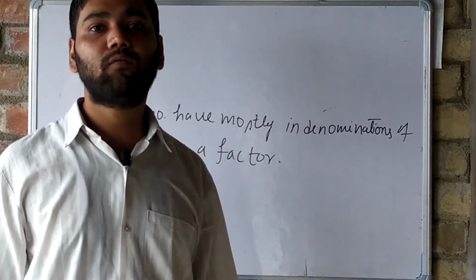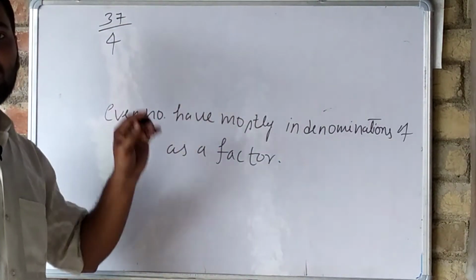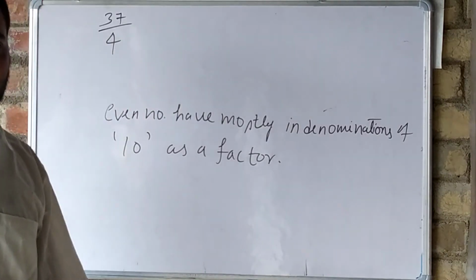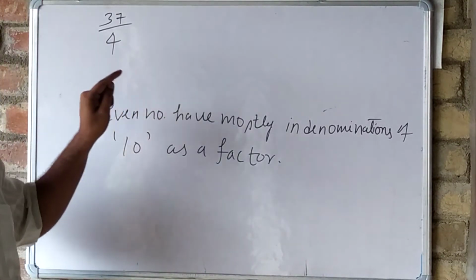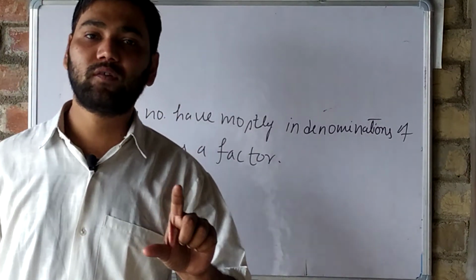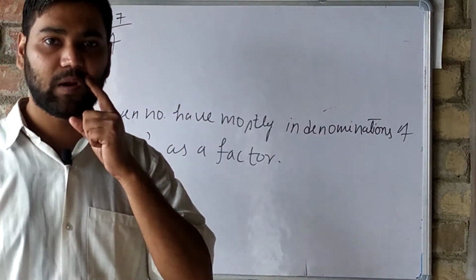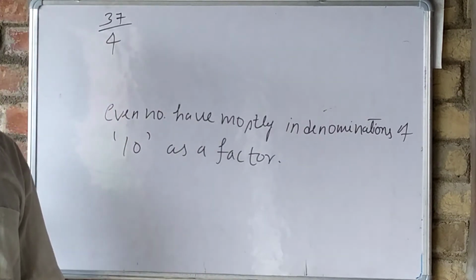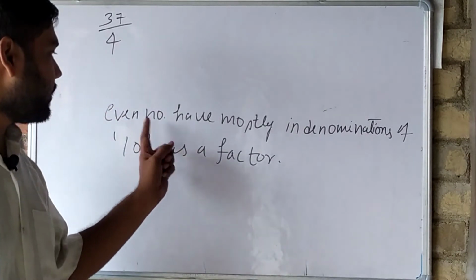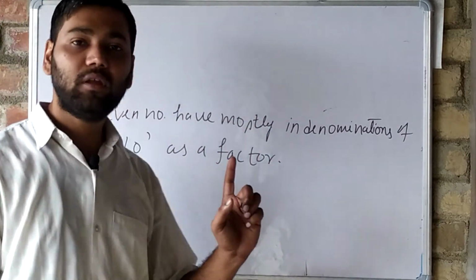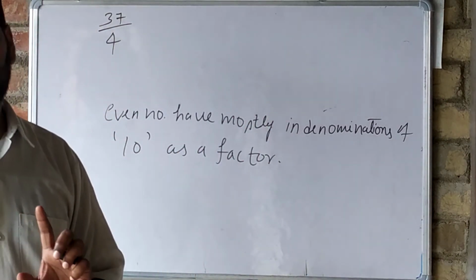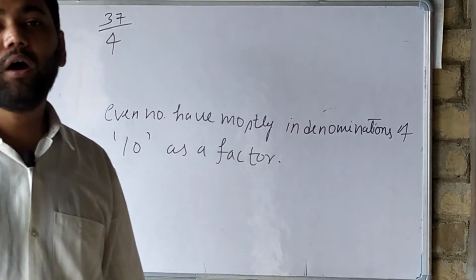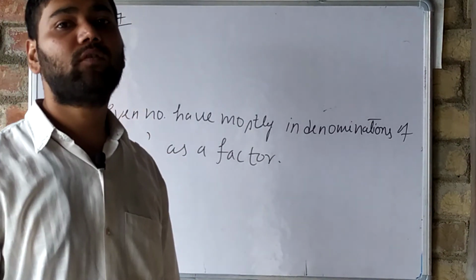So how will we convert? First we see the denominator. Here the denominator is an even number. I have written here that even numbers mostly have 10 as a factor. That means 4 can easily be converted to 10 or denominations of 10.